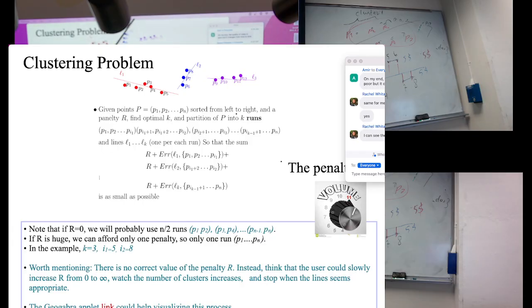You're paying how well the line fits the points, the sum of distances, plus you're paying R. And so on for the third run, the fourth, fifth, seventh. How many runs? You will tell me how many clusters. Where does each run start and stop? You will tell me. But you'll do it in a way that the overall cost that is written here will be as small as possible.